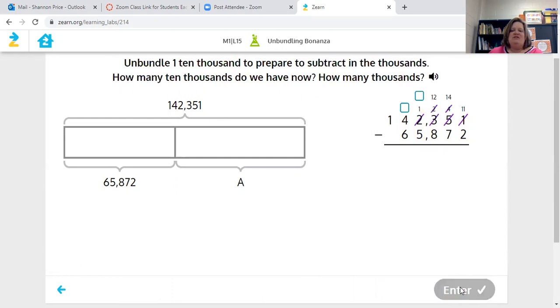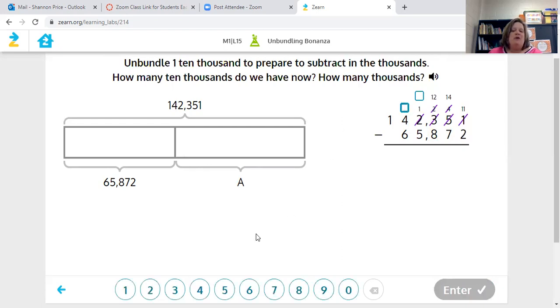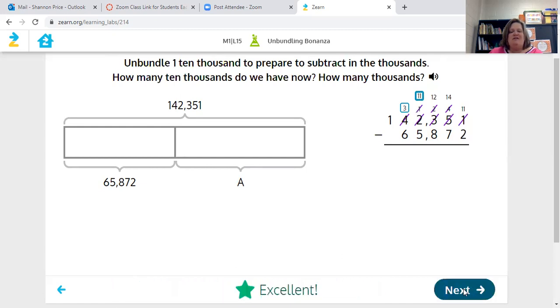So what am I going to have to do? I'm going to unbundle. I'm going to unbundle from my 10,000. I'm going to come over here and borrow an entire 10,000. So that becomes now 3. This one is going to become 10,000 because that's a 10,000 plus the 1, because can't forget it, now gives me 11.